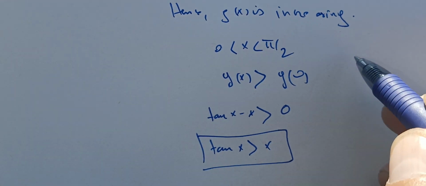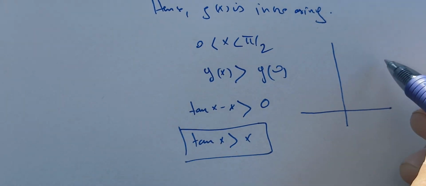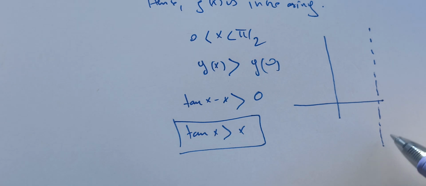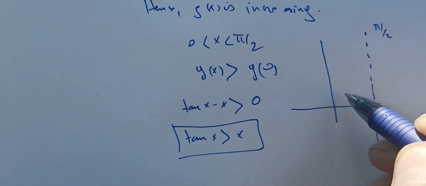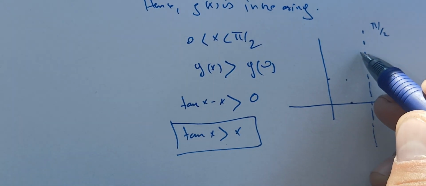We can also graph it and see, but that's not enough. So here pi over 2 is a vertical asymptote. So this is pi over 2, and this is, let's say, 1, 1, 1.